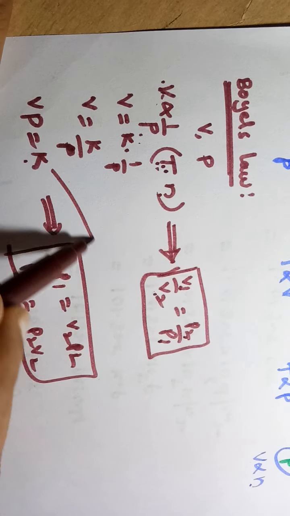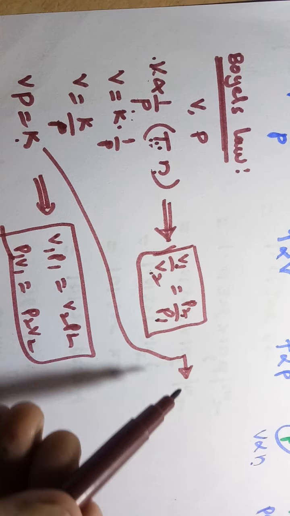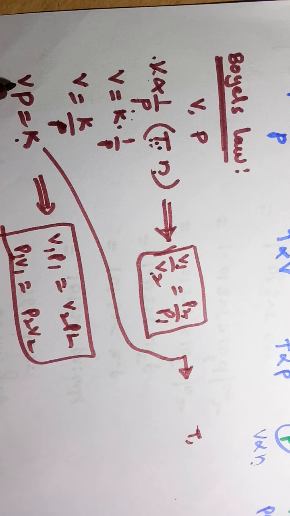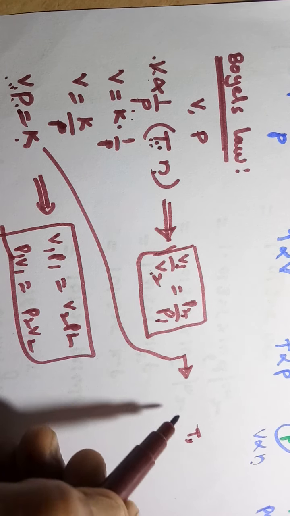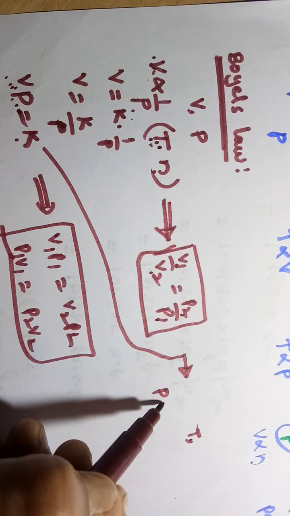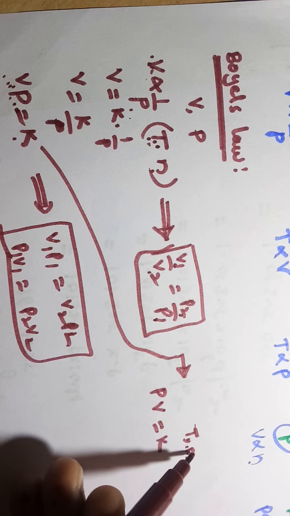From this pv is equal to constant, how can we define this gas law? At constant temperature, the product of pressure and volume of a given mass of gas is always constant.